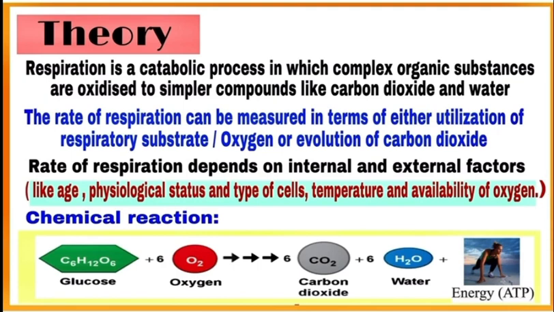Here, one molecule of glucose when combines with 6 molecules of oxygen, it forms 6 molecules of carbon dioxide, 6 molecules of water and energy is released in the form of ATP. ATP is adenosine triphosphate and this energy is used for various activities.